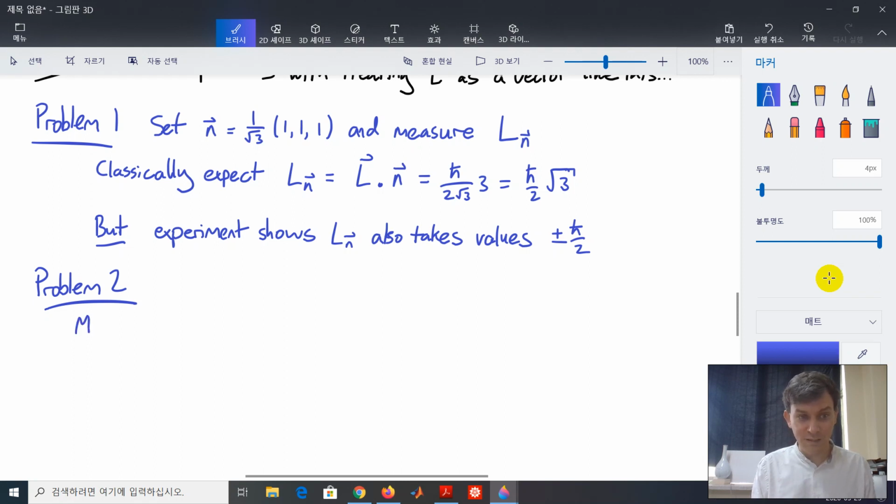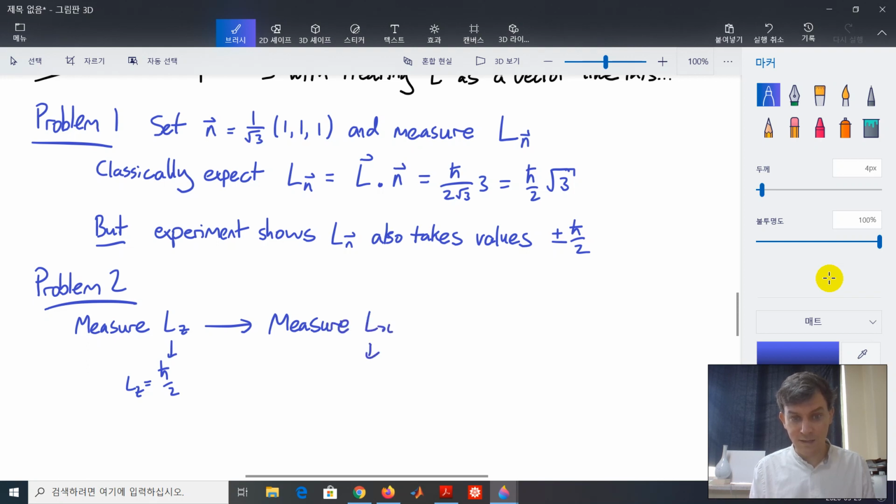Let's suppose we measure Lz, and again let's suppose we get h bar over 2, and then we measure Lx, and again let's suppose we get h bar over 2. So why don't we just check that our vector still has the same value in the z component? We can put it through another Stern-Gerlach experiment to measure Lz again.